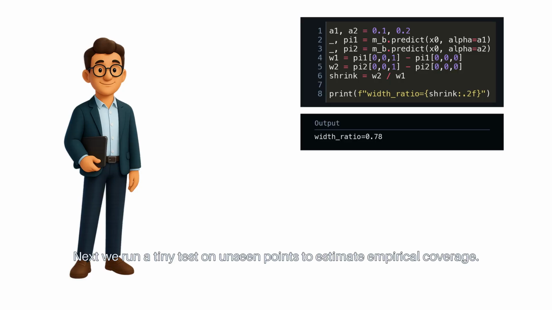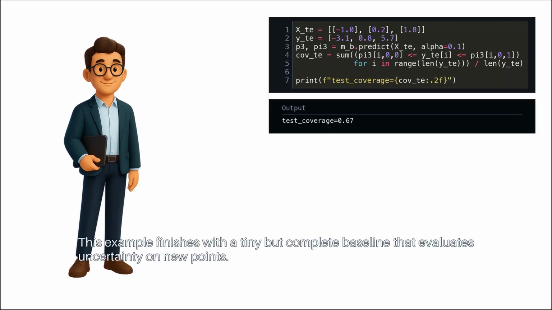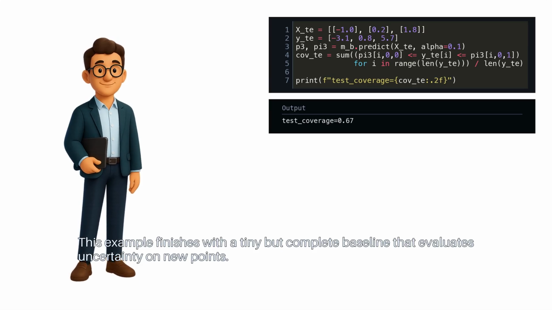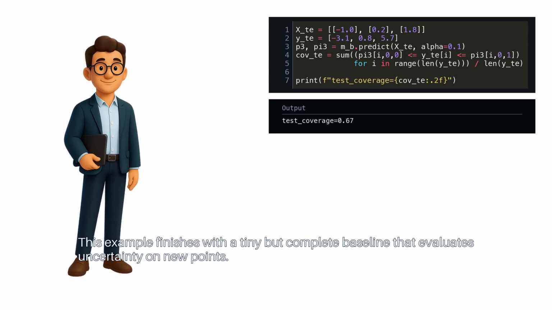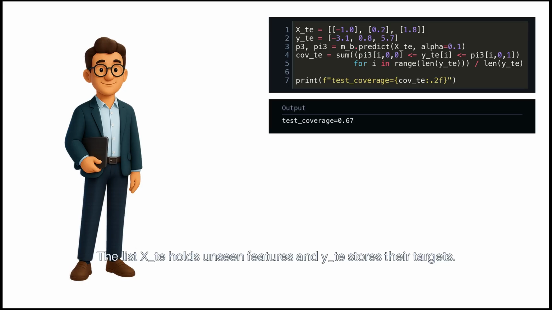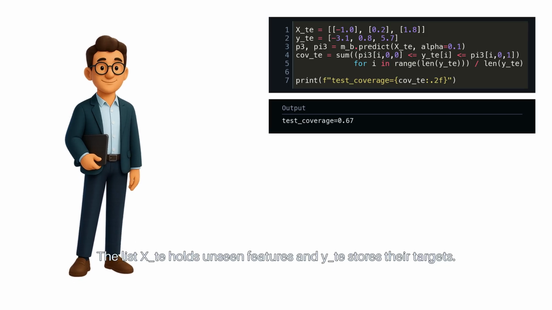Next, we run a tiny test on unseen points to estimate empirical coverage. This example finishes with a tiny but complete baseline that evaluates uncertainty on new points. The list XTE holds unseen features, and YTE stores their targets.